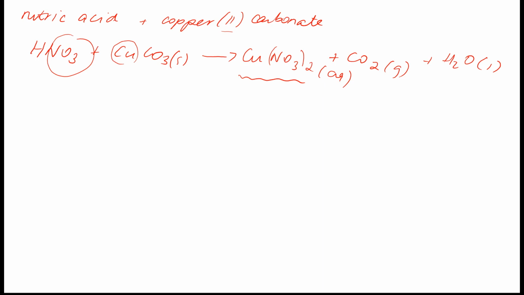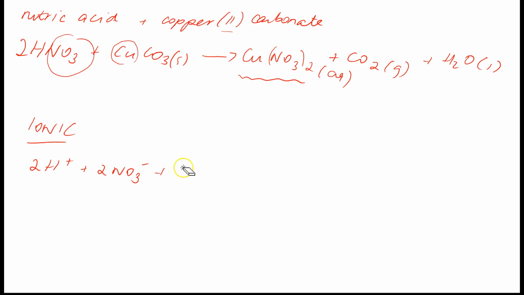Now we're going to have a go at writing the net ionic equation. We should check first that the equation is balanced. 2 nitrates on that side, so there will be 2 on that side. Now 2 hydrogens, 1 copper, and CO3, so it's balanced. We get 2H plus, 2NO3 minus.